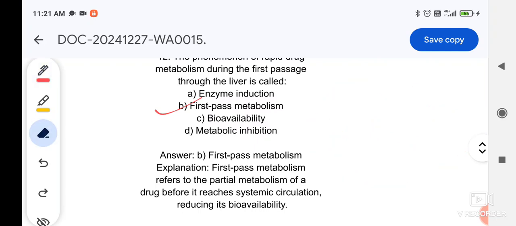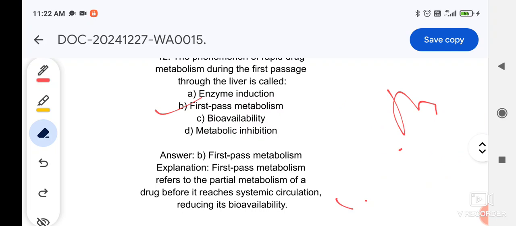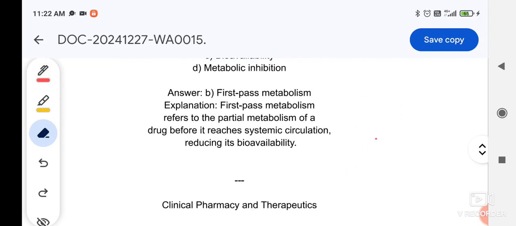So when it reaches the intestine, the drug is already metabolized. The part of the drug which reaches and is required for treatment of the disease becomes less, so the bioavailability of the drug decreases. This was the effect of first pass metabolism.